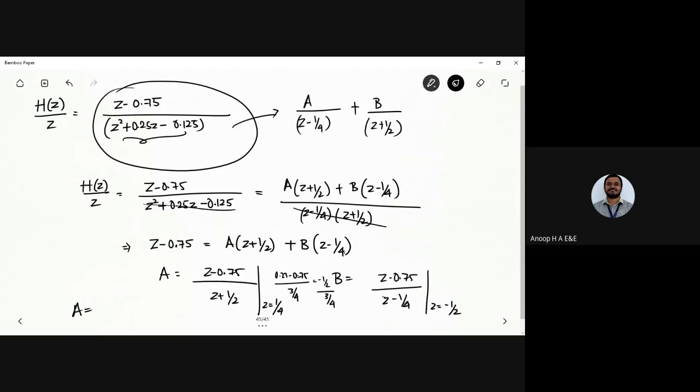So it takes the value of minus 1 by 2 into 4 divided by 3. You are left with 2 ones are 2, 2 twos are 4, that is A would be minus 2 by 3. And the value of B would be 5 by 3. A is minus 2 by 3 and B is 5 by 3. So that's how we find the constants A and B.